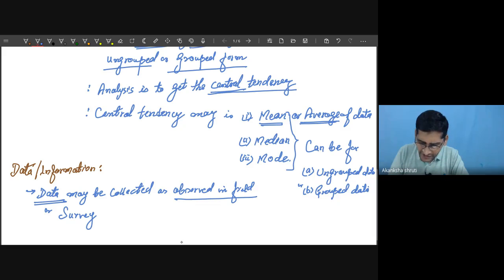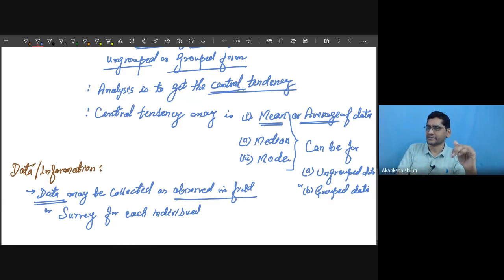So data may be collected or observed in the field or survey for each individual, and this data is kept as it is for the analysis, then analyzed as it is. Such data is called ungrouped data.